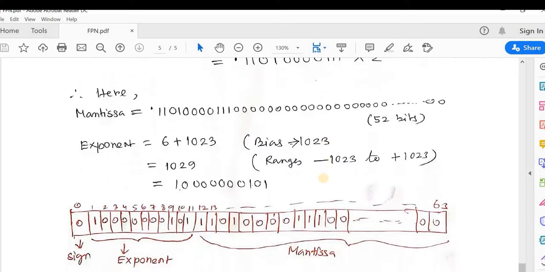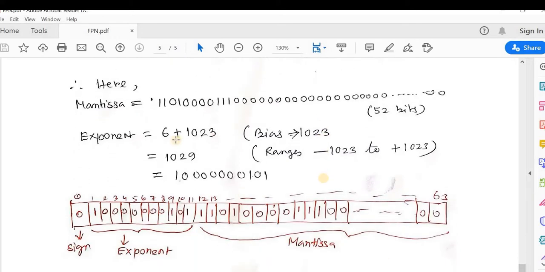If we now represent it in 64 bits, since the number is positive this is 0, so the first bit is 0. Then for the exponent we have got this equivalent, and we put it here. Next 52 bits are for mantissa, and in the next 52 bits we put the mantissa.